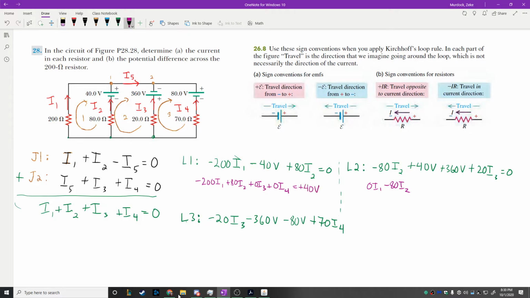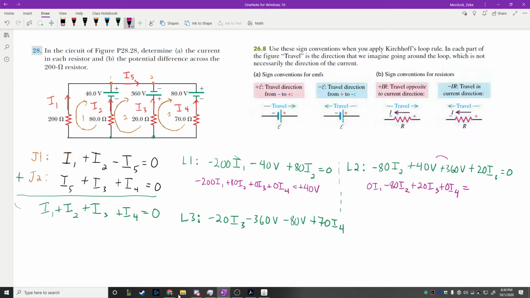Okay, this one, there's 0 I1s, negative 80 I2, positive 20 I3, and then 0 I4 should be equal to 360 plus 80. 36 plus 8 is going to be 440, I believe. No, 360 minus 80. No, what am I doing?